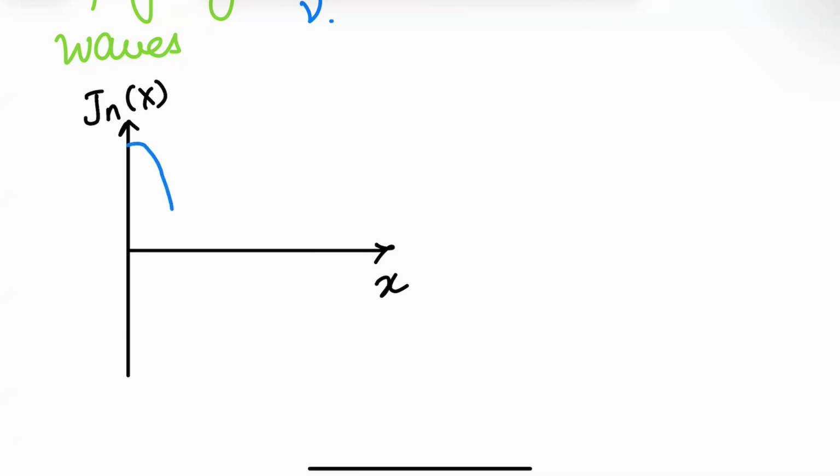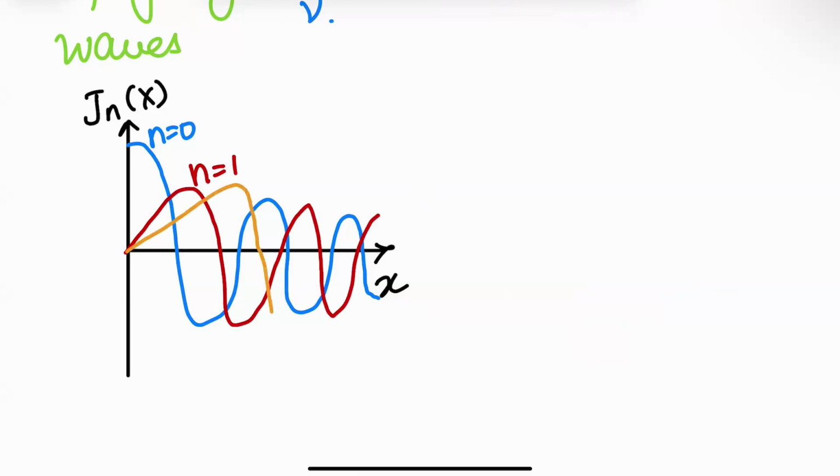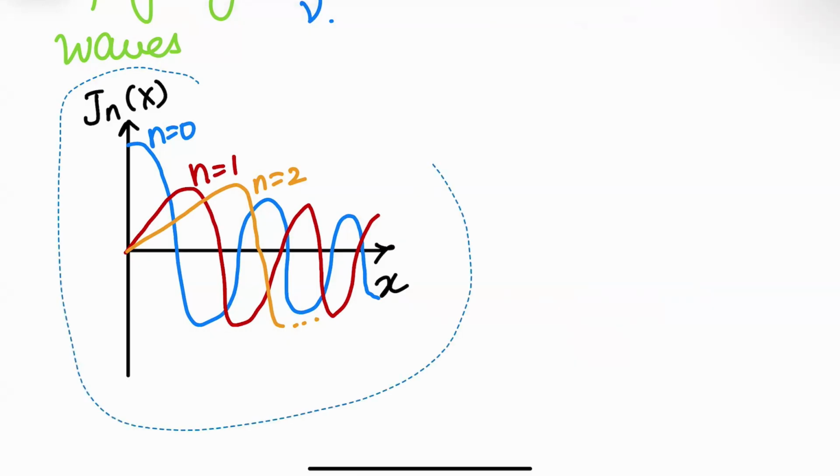Basically, your Bessel function looks something like this. That's for n equal to 0. And then n equal to 1. So this is n equal to 1. And then you have, let's say, n equal to 2, does something like this, and so on.